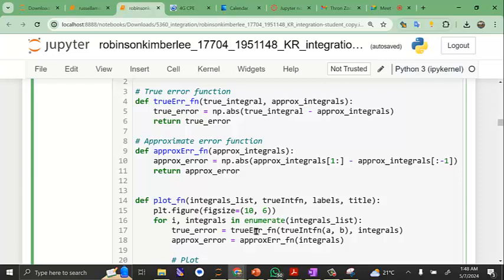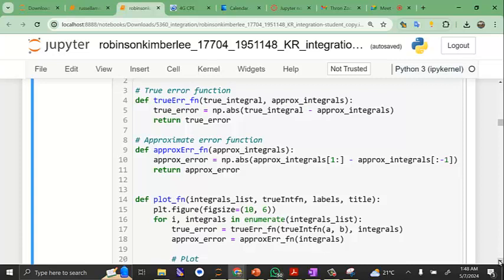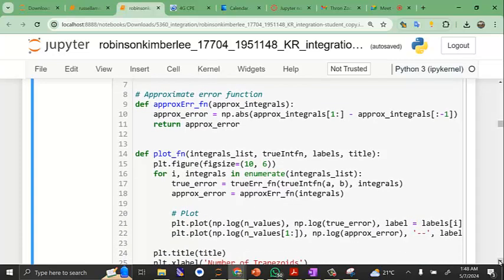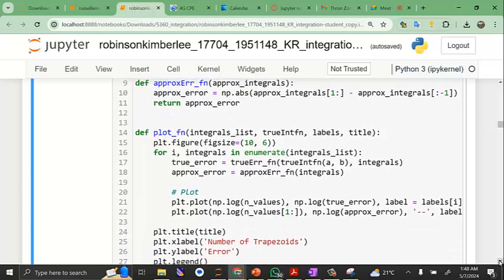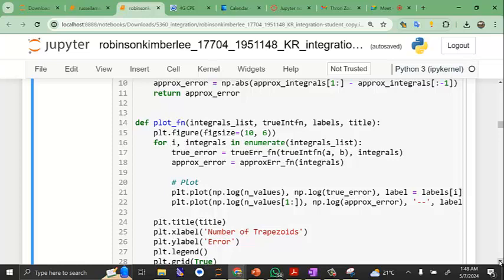So this is the true error, and then the approximate error. And actually, I'm not sure that you actually needed a loop here. Maybe you do. Oh, yes, you do, because you actually have several of these. You have an integral list for each approximation.